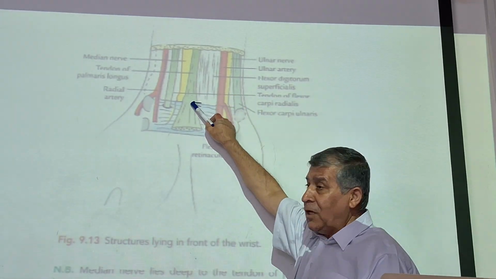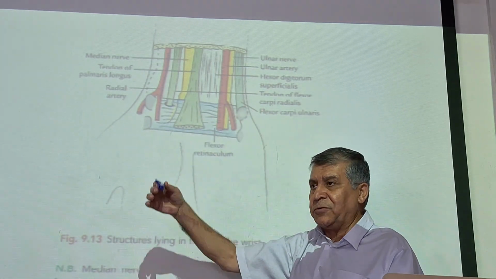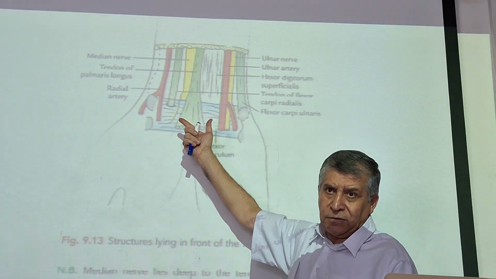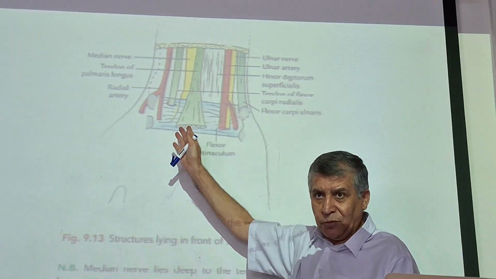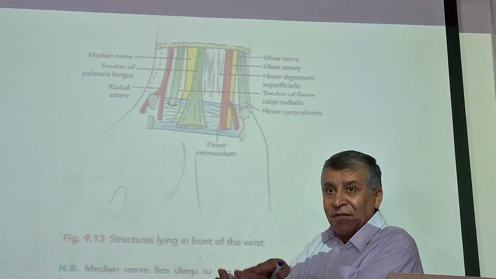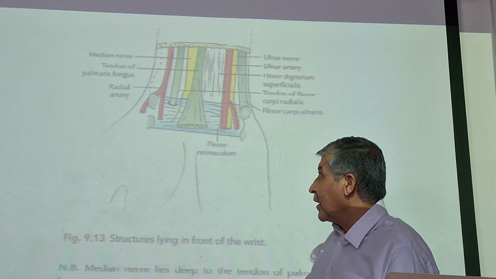In the mid part, you can see the tendon of flexor digitorum superficialis and palmaris longus. Both of them are true because palmaris longus is anterior to flexor digitorum superficialis.